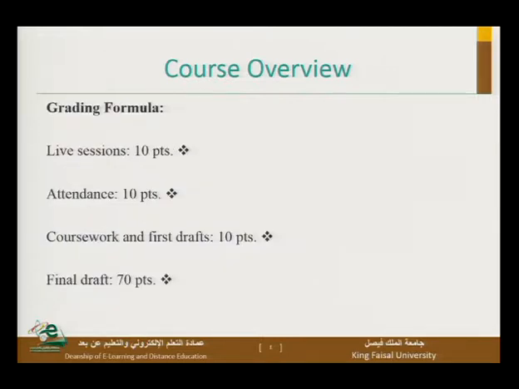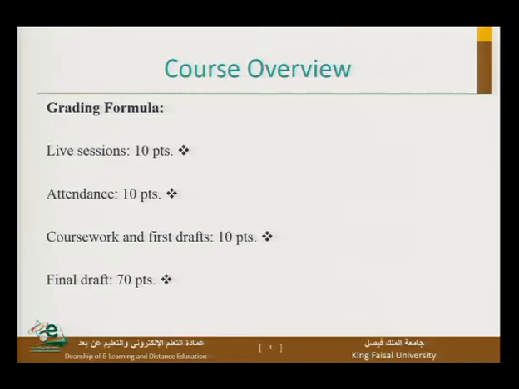The grading formula that we follow, number one, we'll give 10 points to live sessions that you attend, that you watch, and 10 points to attendance, coursework and first draft that you submit on time without any delay.